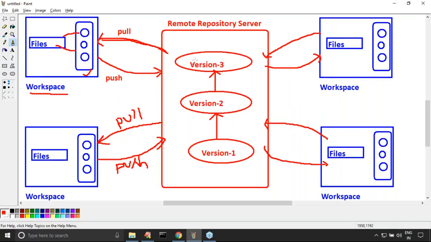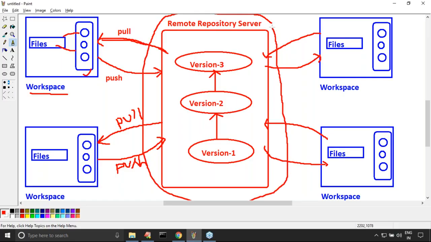That's why, even though we add this remote repository server, don't feel it is a combo package, a combination of both. No, no. Then you immediately ask, sir, commit operations you are not performing, checkout operations you are not performing, so you won't perform any modifications here.